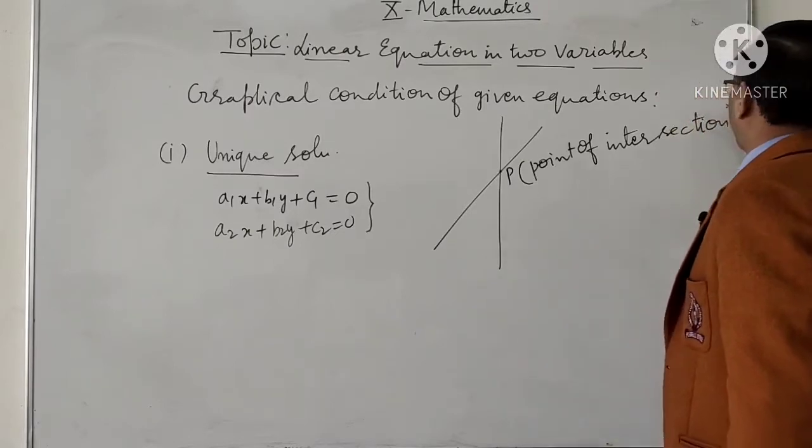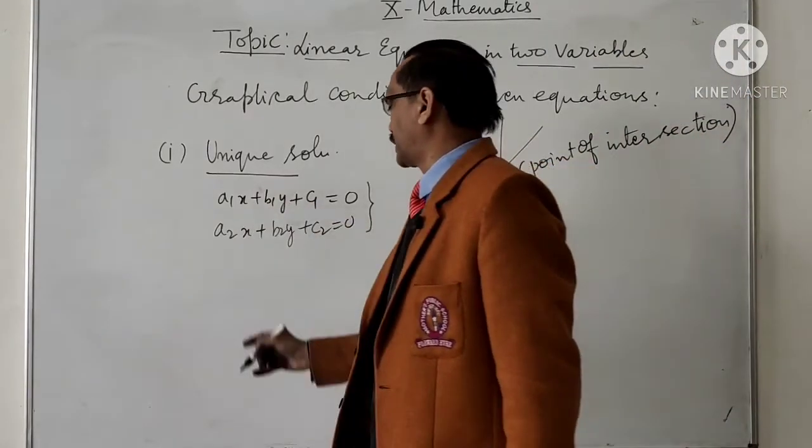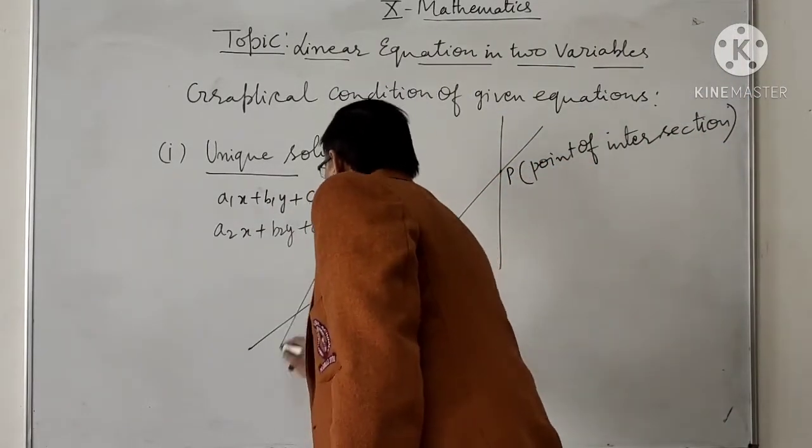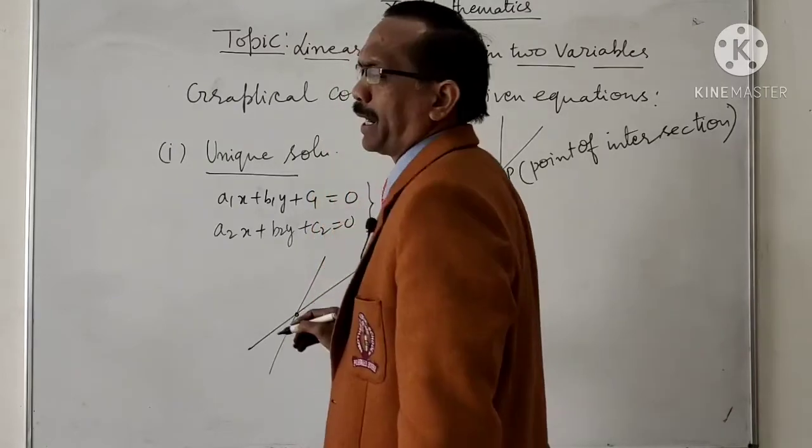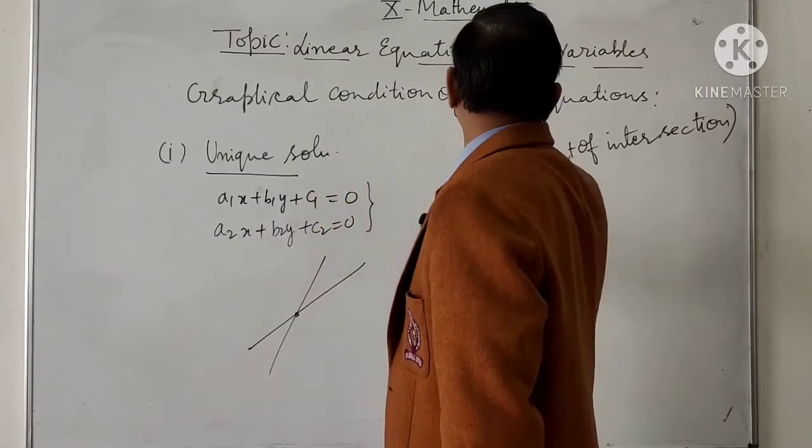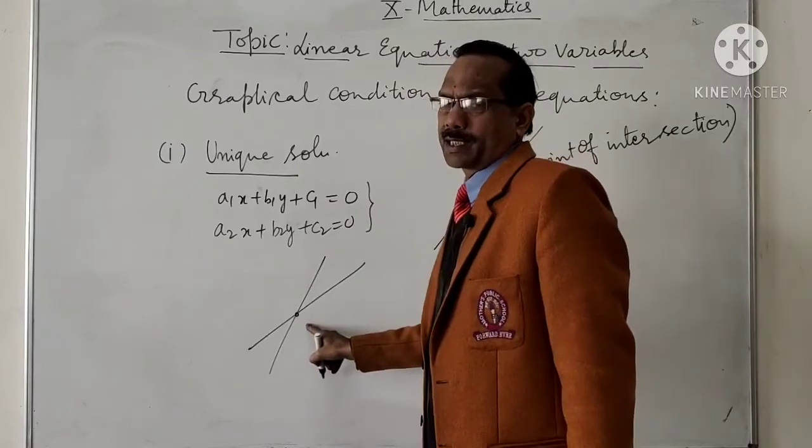When we get the unique solution, the two lines intersect at only one point, and it is called the point of intersection.